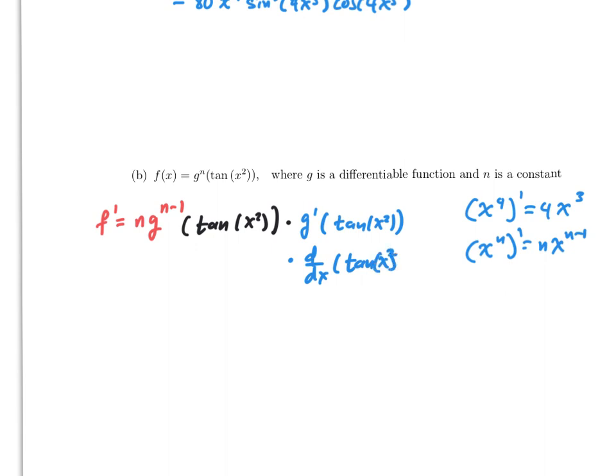Let me write this correctly, of x squared. So then you simplify this part by itself.